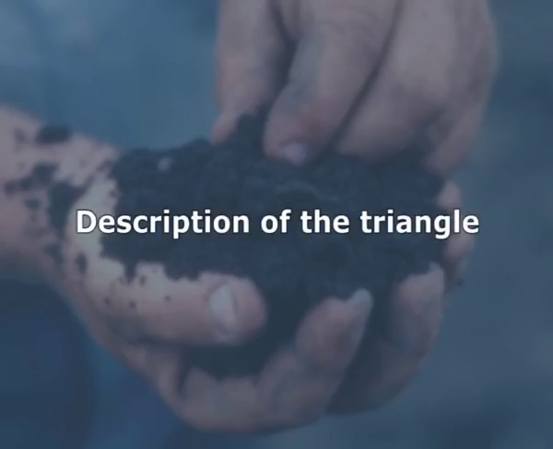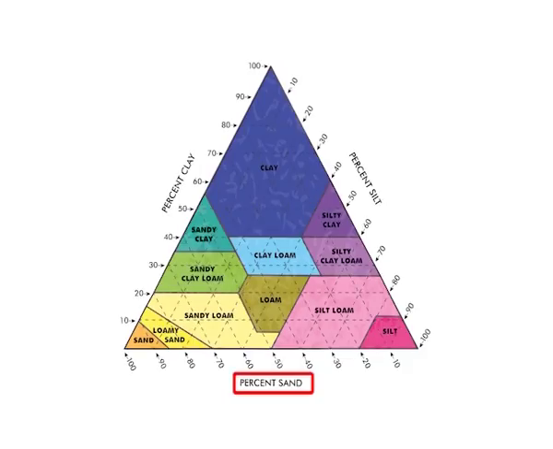Description of the triangle. Triangle's base represents sand percentage from 0 to 100, increasing from left to right. Left hand side slope represents percentage of clay increasing from bottom to top, and the third arm, the right hand side slope, represents percentage of silt increasing from top to bottom.